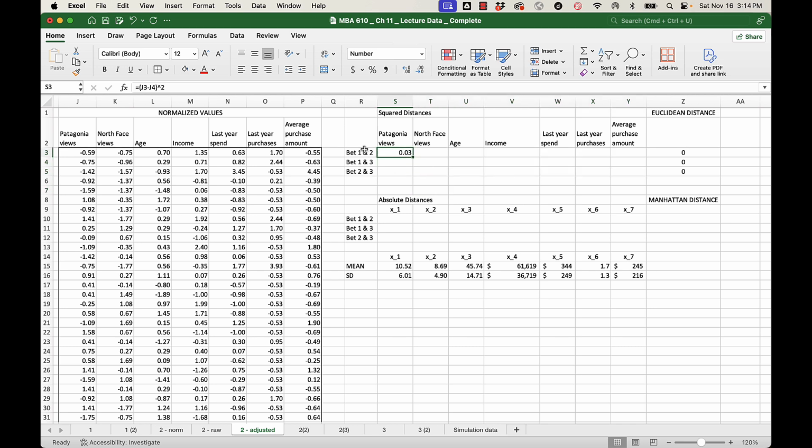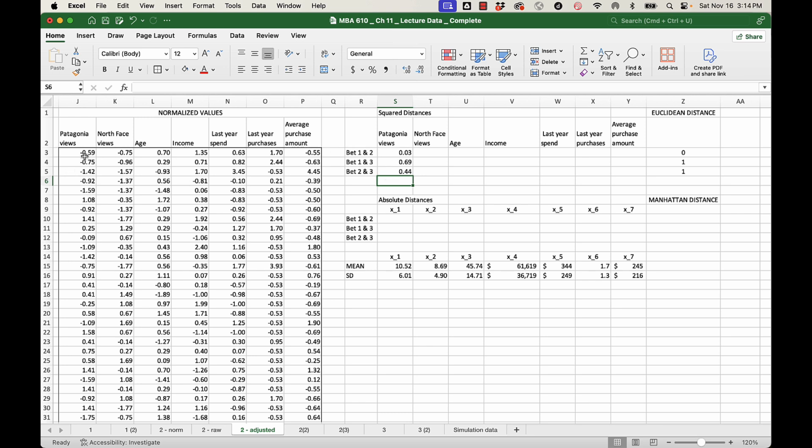So the distance between person 1 and person 2 with regard to Patagonia purchases is 0.03, between person 1 and 3, .69, and between person 2 and 3, .44.